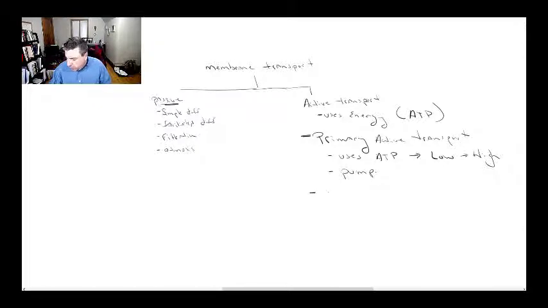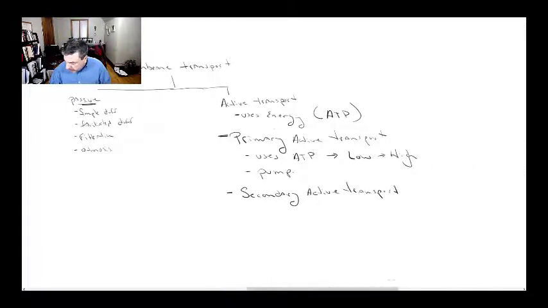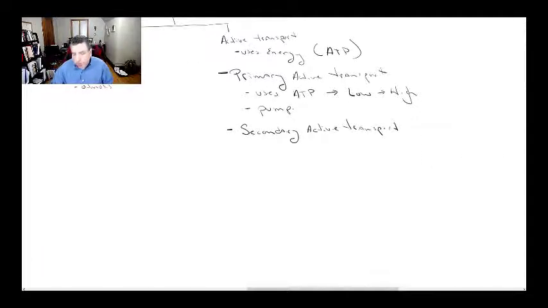The second one is going to be secondary active transport. And secondary active transport, what we're looking at on this one, is using energy from the movement of substances from high concentration to low concentration.